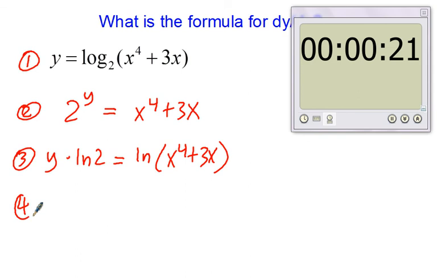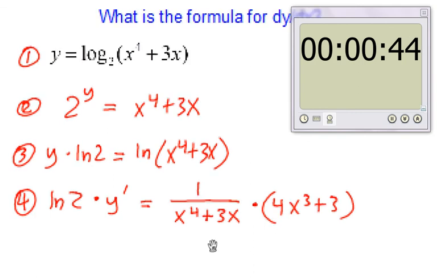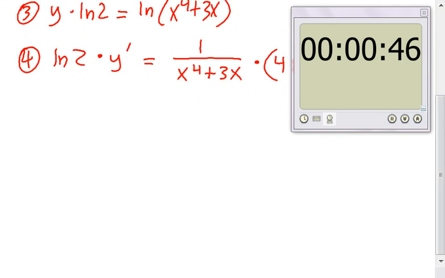Take derivatives. Use the constant rule. And let's see. This would be 1 over the expression times the derivative of the expression. And now it looks like I need to use division. So I just need to divide by log 2, and I believe that's it.